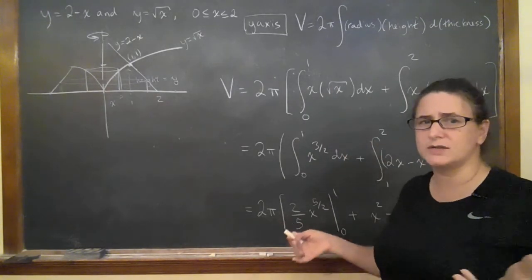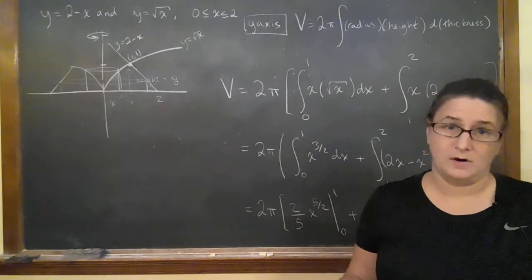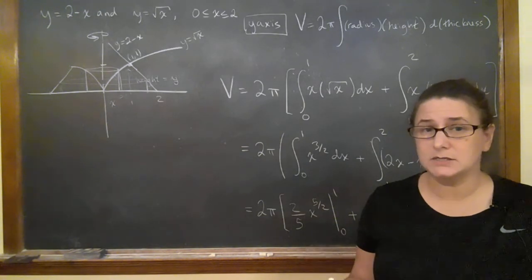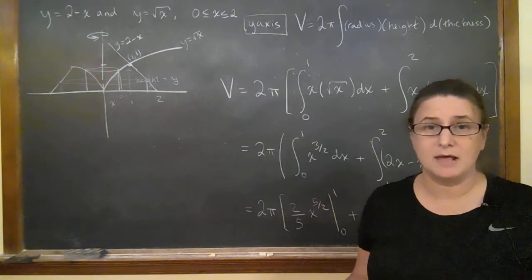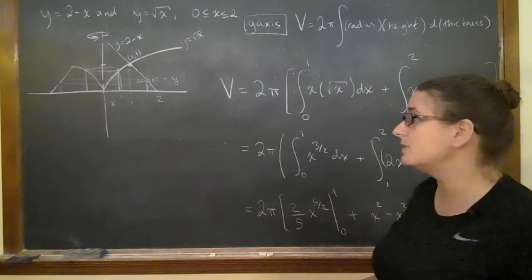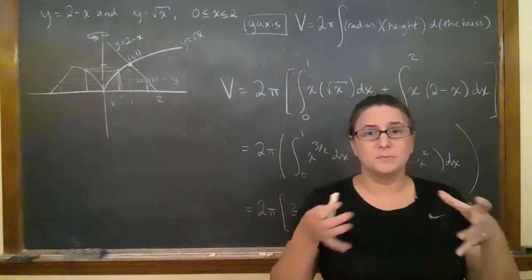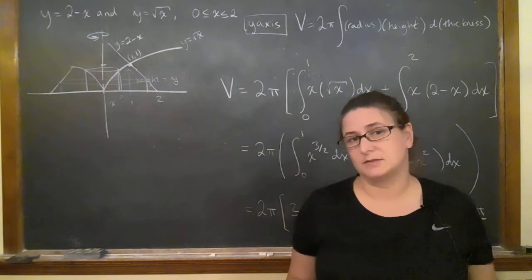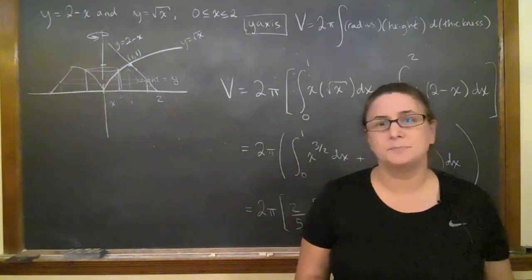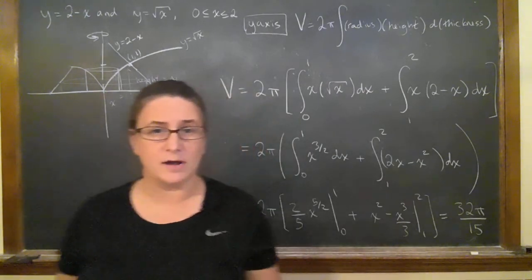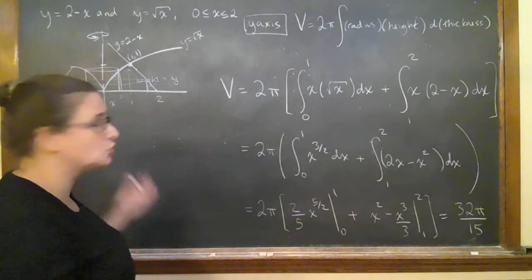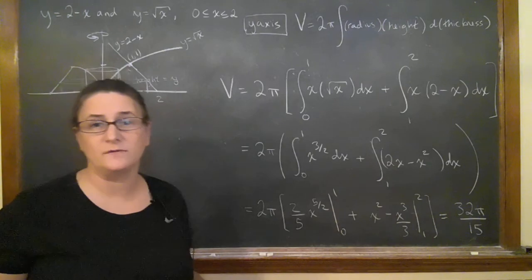But it's just a question of what you feel more comfortable with. Some people find it easier to visualize one method or the other. For me, I always have a harder time visualizing the shells, but some people may find that easier than the washers. So it's really up to you in these kinds of situations where there's a choice. You just do whichever one you like the best.